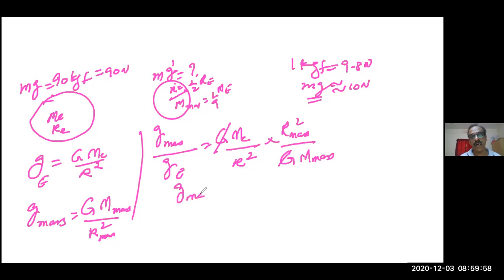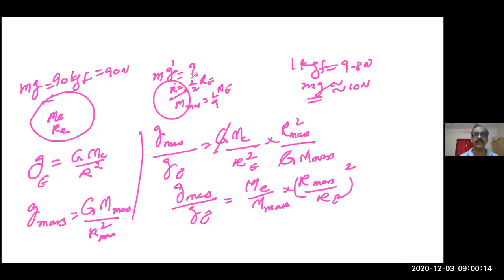Then g Mars divided by g Earth is equal to mass of the Mars divided by mass of the earth into R of earth whole squared divided by R Mars squared. Okay, copy up to here.